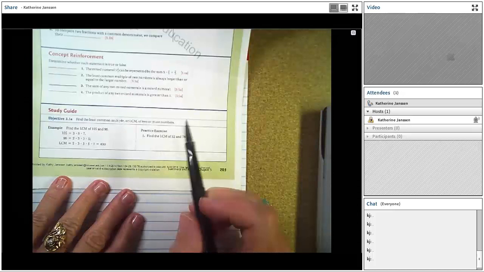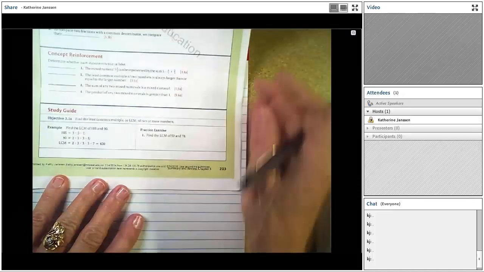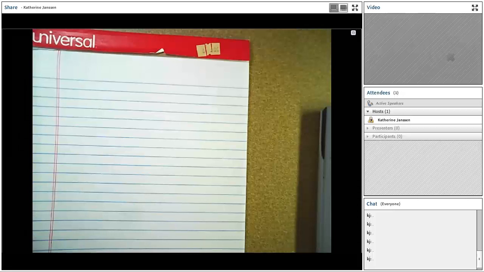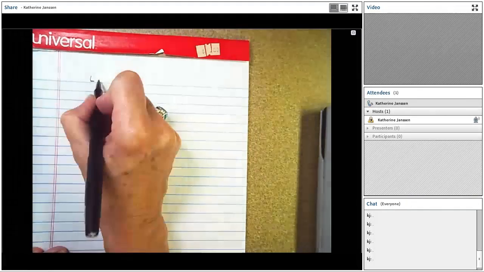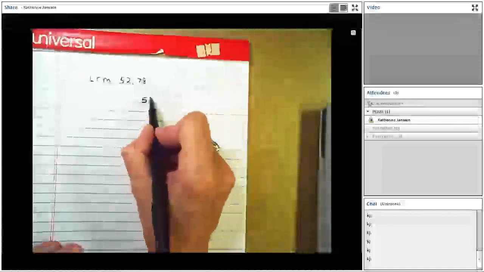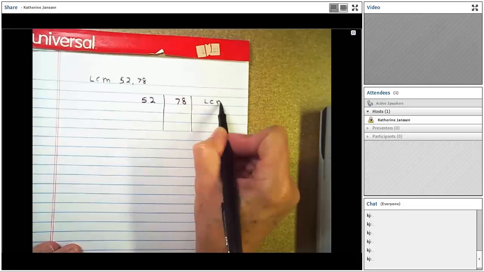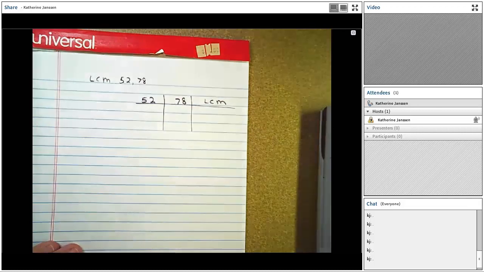So find the least common multiple of 52 and 78. You have a sample in your left-hand column. Looking for the least common multiple of 52 and 78. So we'll build our table. And we'll try to use our prime factorization.